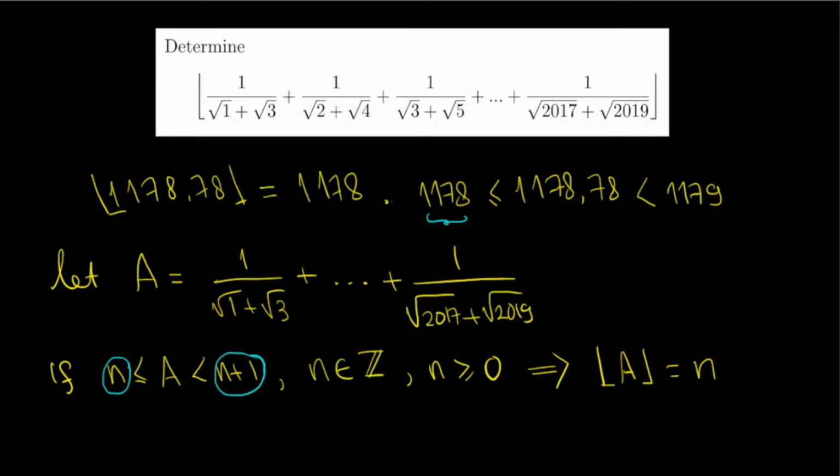So we must find the two consecutive integers that bound a. So how can we do that?